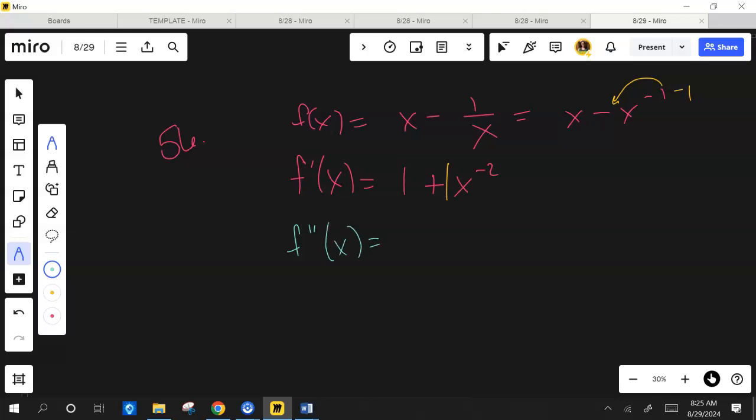What's the derivative of 1? 0. All right, then power rule here. -2 times 1, -2, subtract 1. There we go. What's the third derivative?